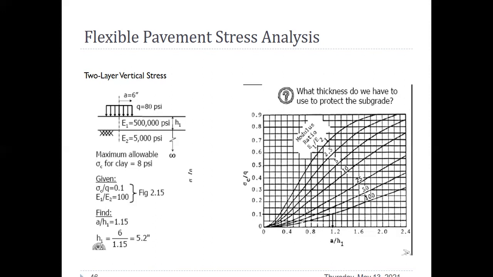We go to this figure, go perpendicular to 0.1, intersect at 100, and you get the A over H1 value. Since A is known to us, you can know what the value of H1 should be to keep the stress in the clay at 8 psi.